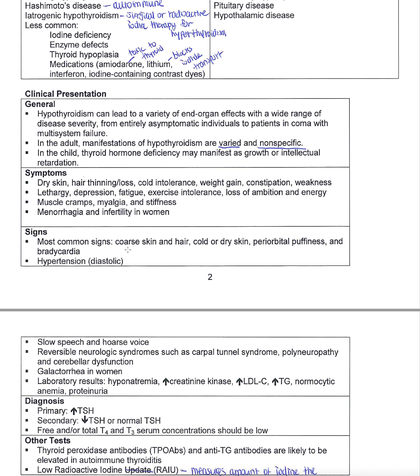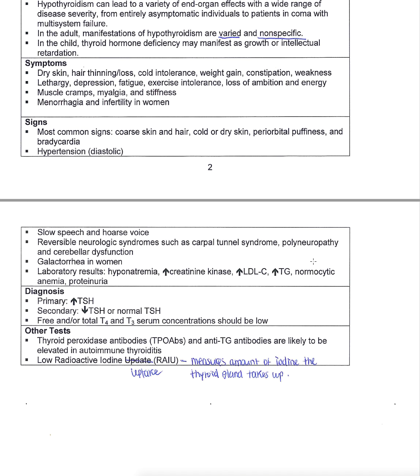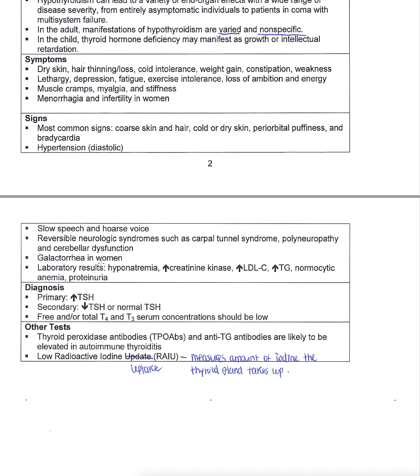Again, the most common signs are coarse skin and hair, cold dry skin, bradycardia, hypertension, especially diastolic, and slow speech. Galactorrhea is when a woman has milk production when they're not breastfeeding, so that can happen.